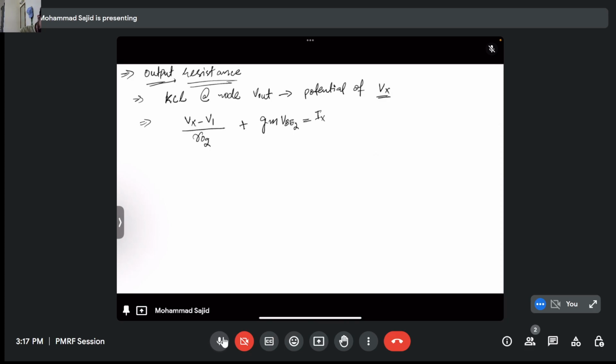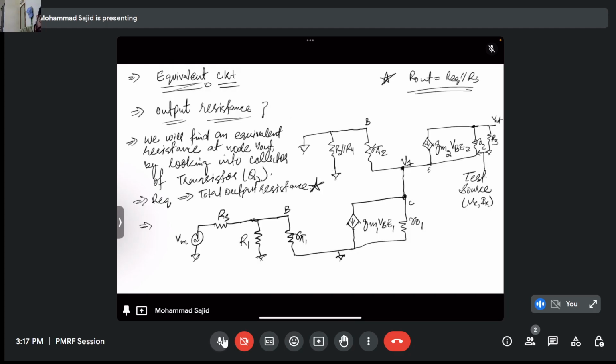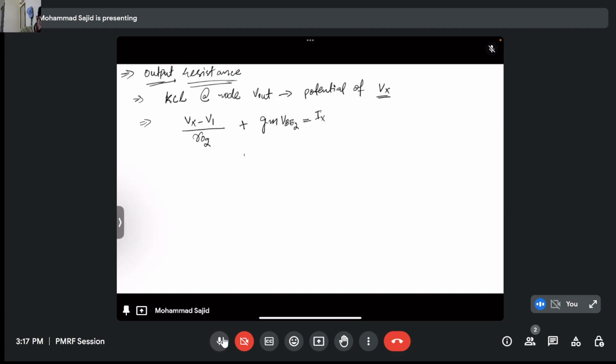Now let's see, we have V1 that is related to Q1. Let's first see what VBE2 is. VBE2 is attached to ground, and E is V1, so VBE2 is minus V1.